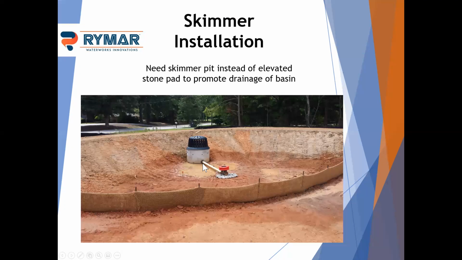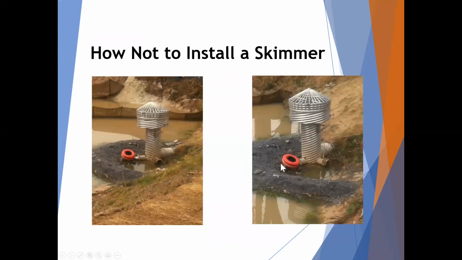Now, in this case, it looks like the outlet structure invert is actually maybe 3 or 4 inches above the bottom of the pond anyway. So having a little extra sediment storage doesn't hurt, especially right around there. But just something to note on your details and plans, to call out to depress that skimmer pit to get the water to come to it and keep a small wet area versus having the whole bottom of the basin stay wet.